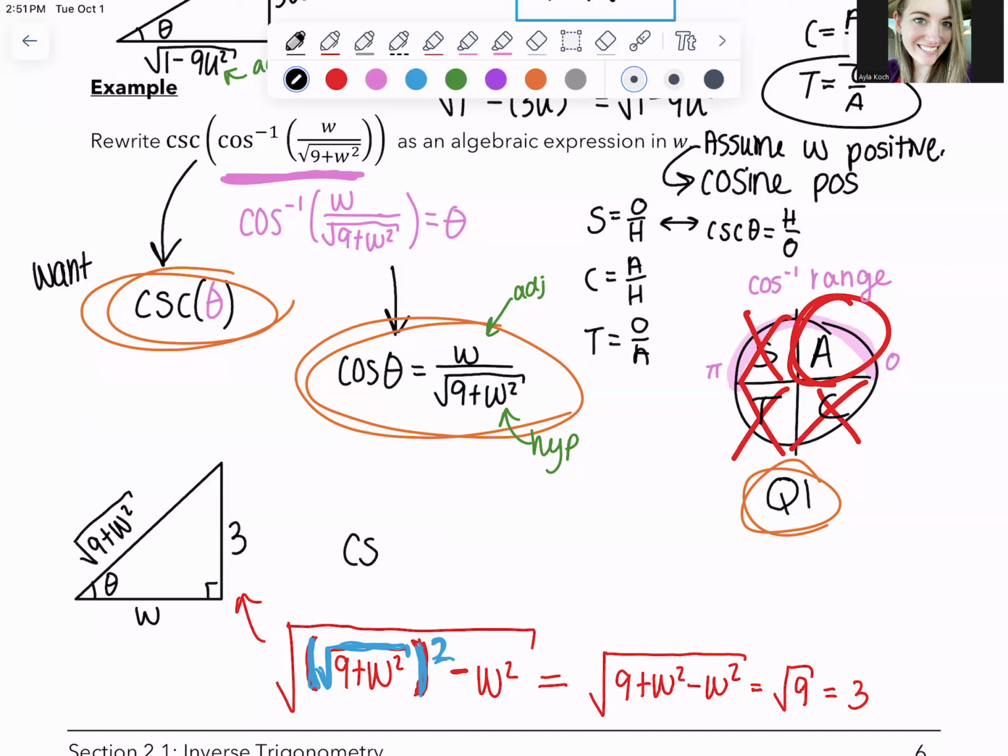We're looking for cosecant of theta, which we have already said is hypotenuse over opposite. So that'll be the square root of 9 plus w squared over the opposite side, which is 3. And that is our final answer: the square root of 9 plus w squared divided by 3.